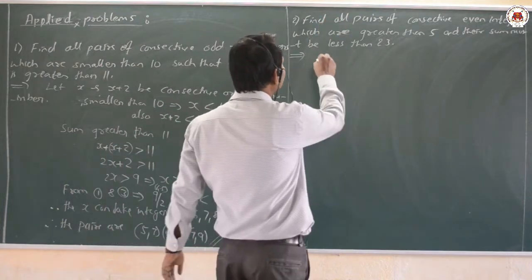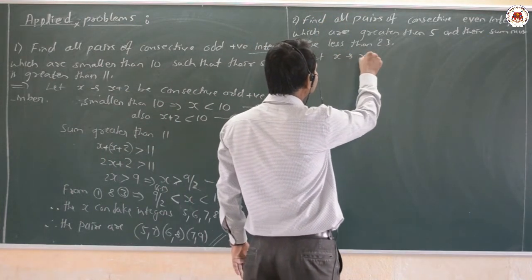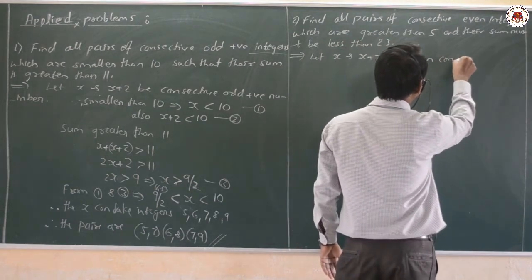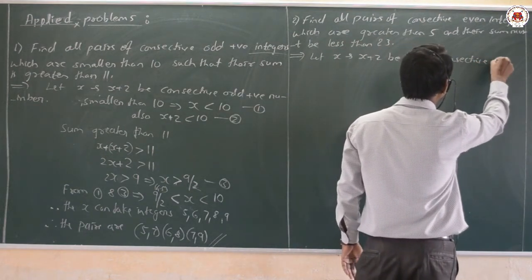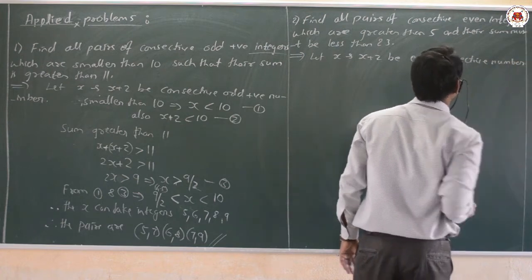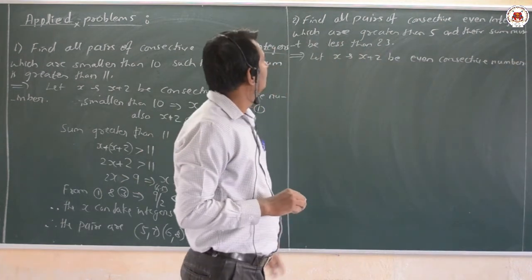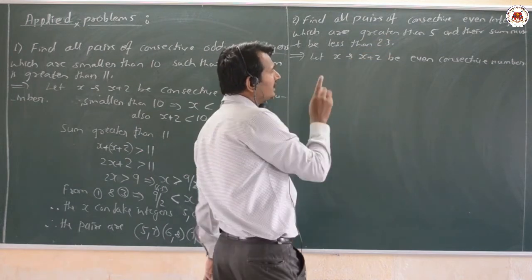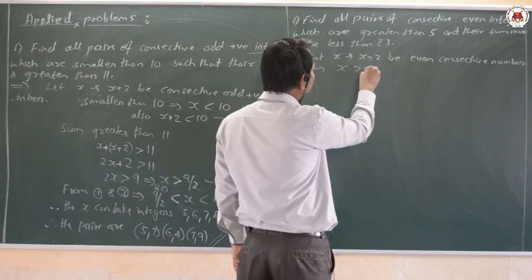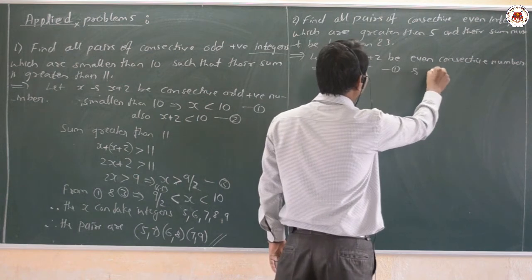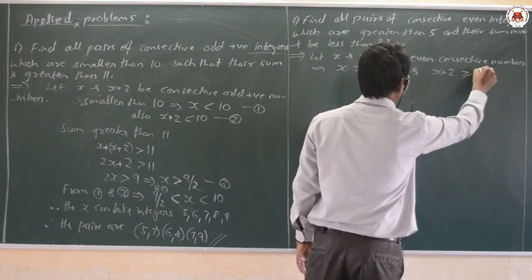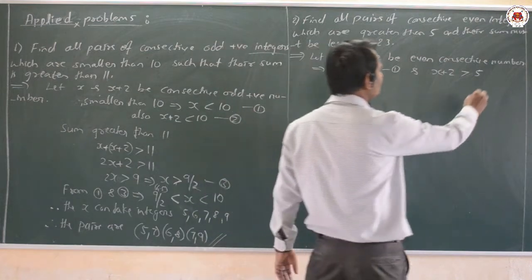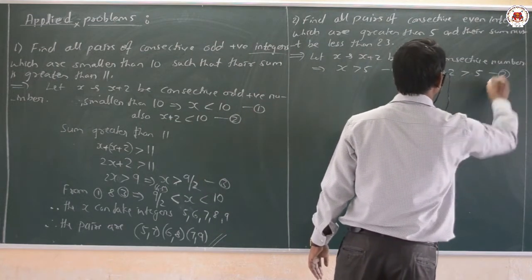So let x and x plus 2 be consecutive even numbers. Both are greater than 5, that implies x is greater than 5, equation 1, and x plus 2 is also greater than 5, equation 2.